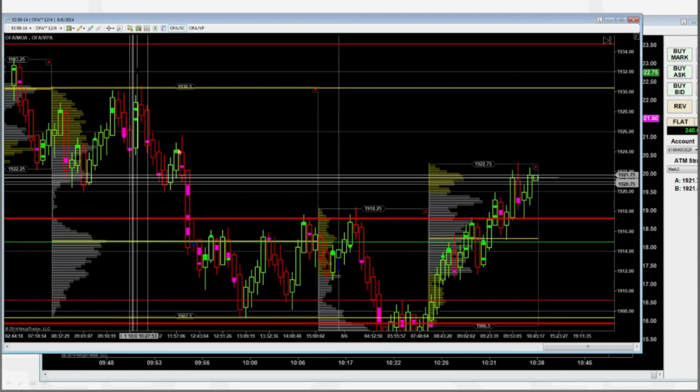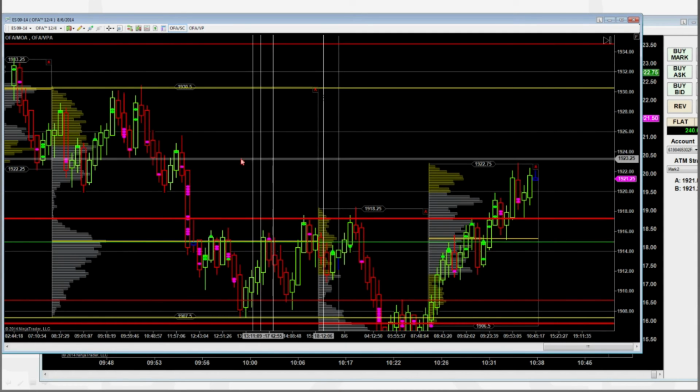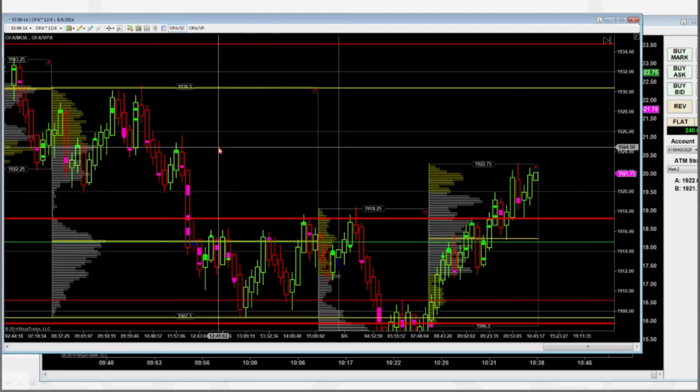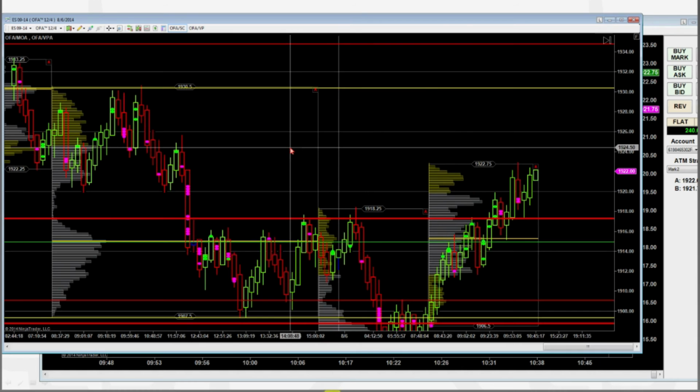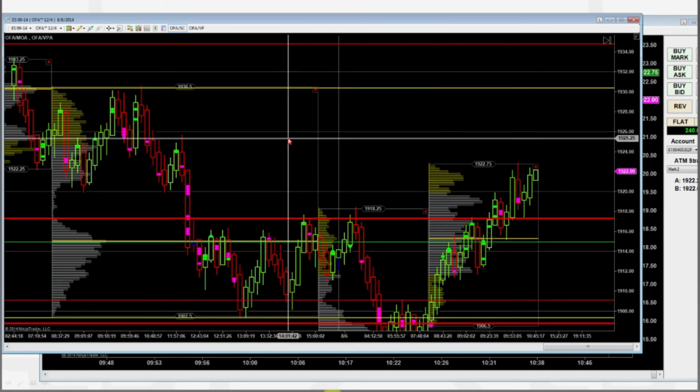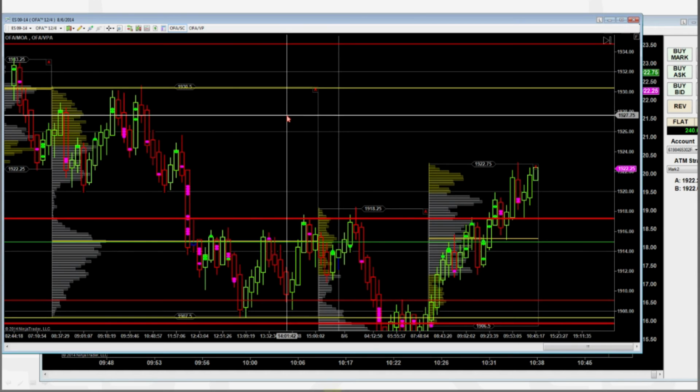If we come through that, then the next area is looking at a potential of 27.75, up through this initial swing high right here, the 28 level, and then I would look for 29.75 to 30.